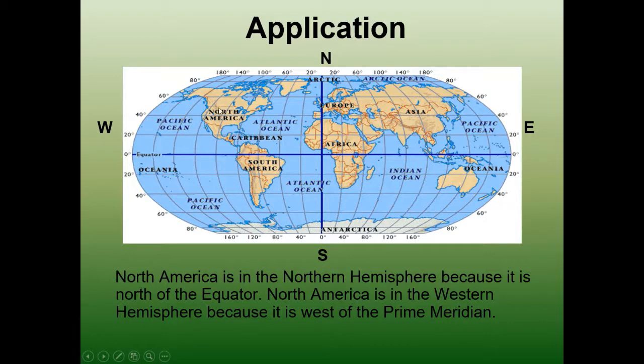Above that, this half is the northern hemisphere, and below that, this half is the southern hemisphere. And then with your prime meridian at 0, you'll see that it runs through England and a little bit through Spain and France and Africa. So this side is the eastern hemisphere, and this side is the western hemisphere.